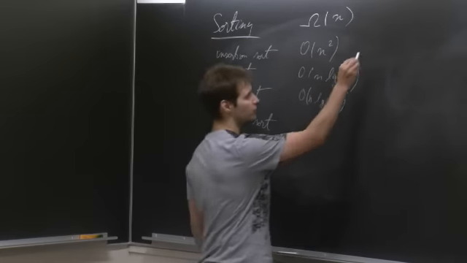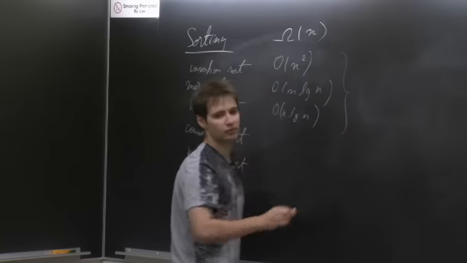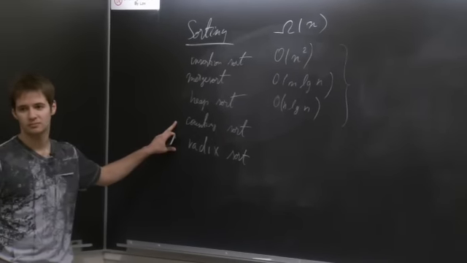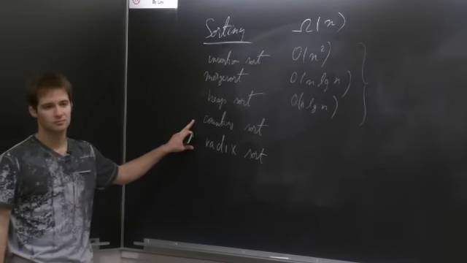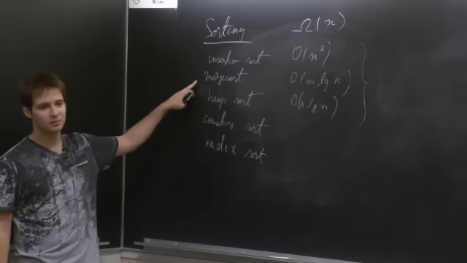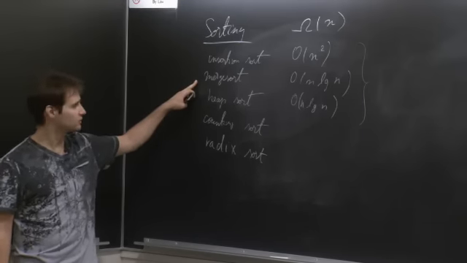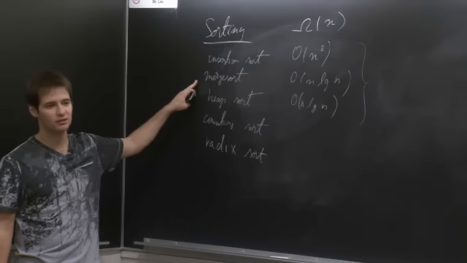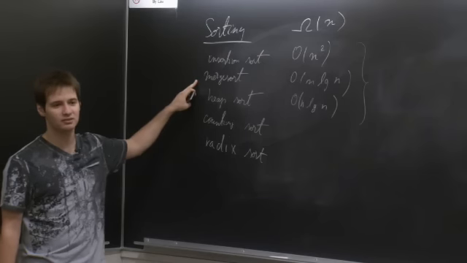Does anyone remember what's special about these 3 sorting methods that does not apply to the other 2? They're in place. Merge sort isn't quite in place. If it would be in place, it would be perfect. There is actually a way of making in place merge sort, but it requires a PhD degree to understand that.